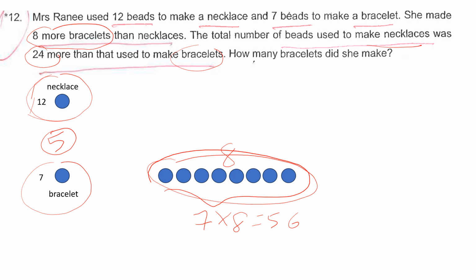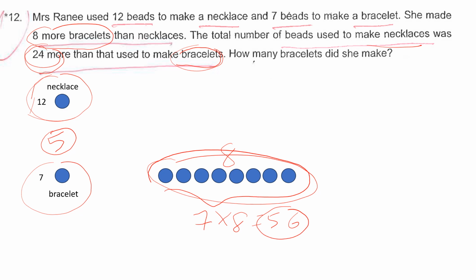But over here, despite making 8 more bracelets, it actually required 56 beads. The number of beads being used to make the necklace is still more than the bracelet, and the number is 24 more.